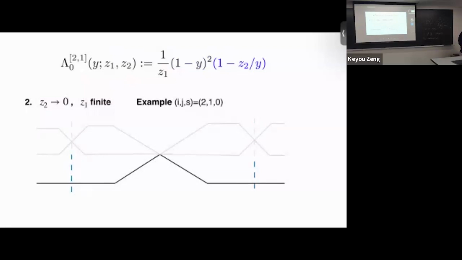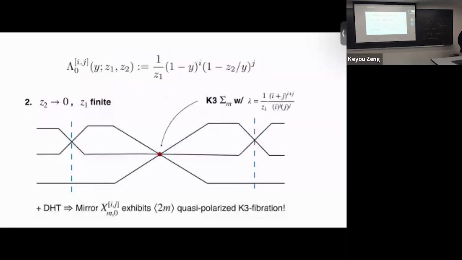And where do they intersect? At the point in the middle, and the point in the middle is exactly our polarized K3 surface. Where does it happen? What's the lambda value? It happens at 1 over z1 times (i+j)^(i+j) over i^i times j^j. Okay, a very hypergeometric sounding point.